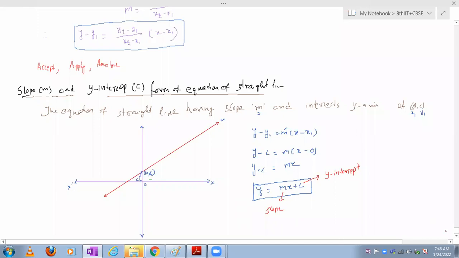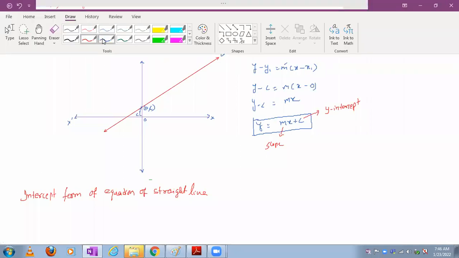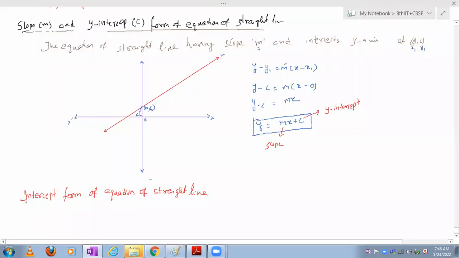Intercept form of equation of straight line. Got it?